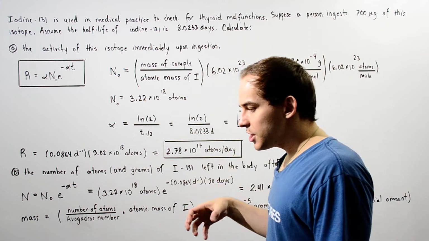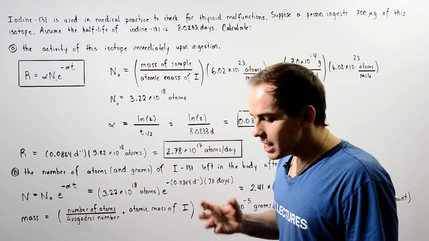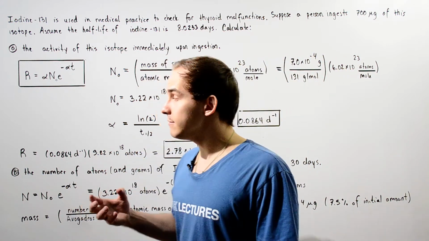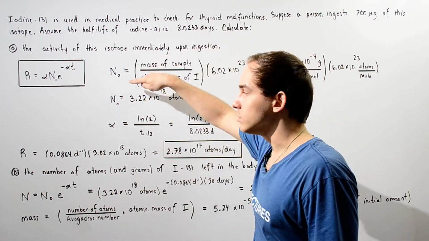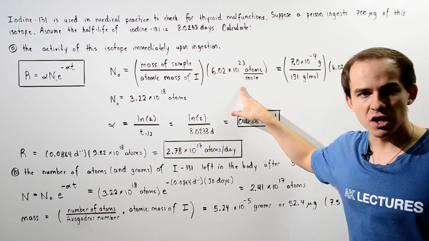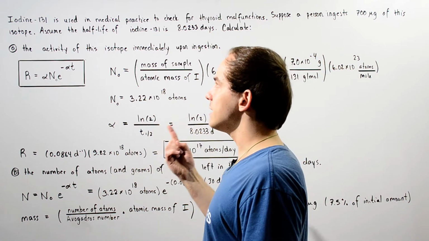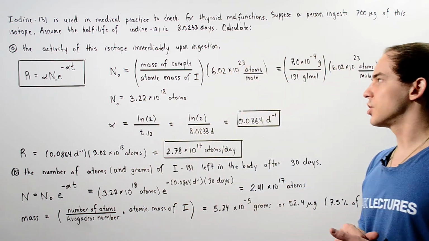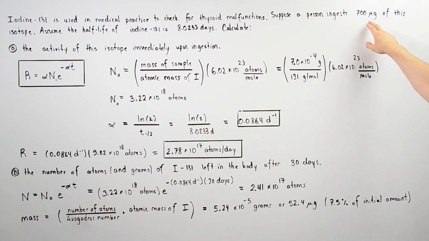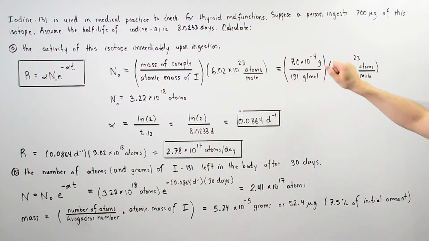We take the initial sample in grams and divide that by the atomic mass of iodine-131, and that gives us the number of moles. We multiply the number of moles by Avogadro's number, and that gives us the number of atoms of iodine-131. The mass of the sample in grams is 7.0 times 10 to the negative 4.